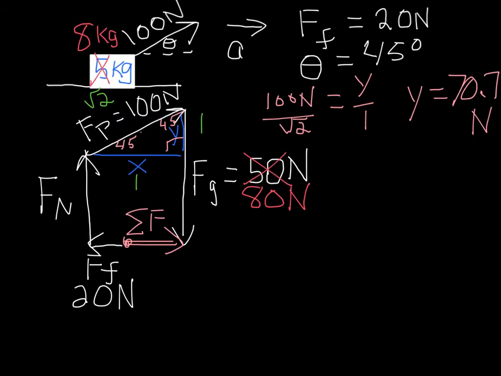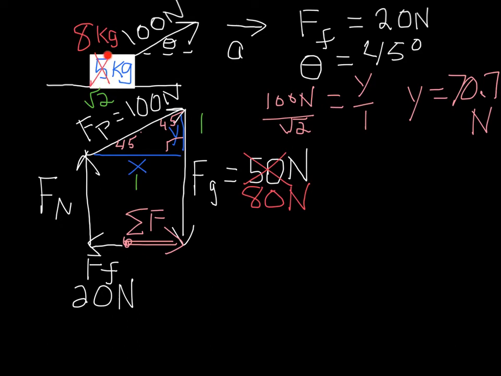Okay, so I fixed it, because this is 70.7 newtons, which would have been much bigger than 50 newtons. Therefore, the normal force would have been a negative number, which is kind of ridiculous.